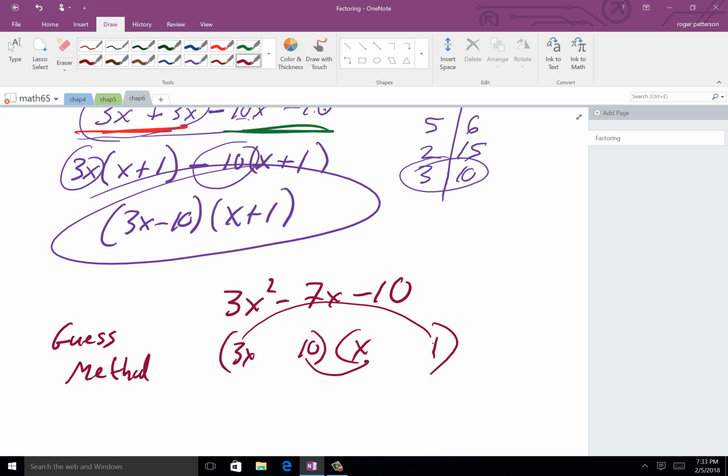So now it's just a matter of figuring out, okay, now I got to think about this. I got to have a negative 7. So then this has got to be a negative, right? And this has got to be a positive. Because that gives me a positive 3, that gives me a negative 10.